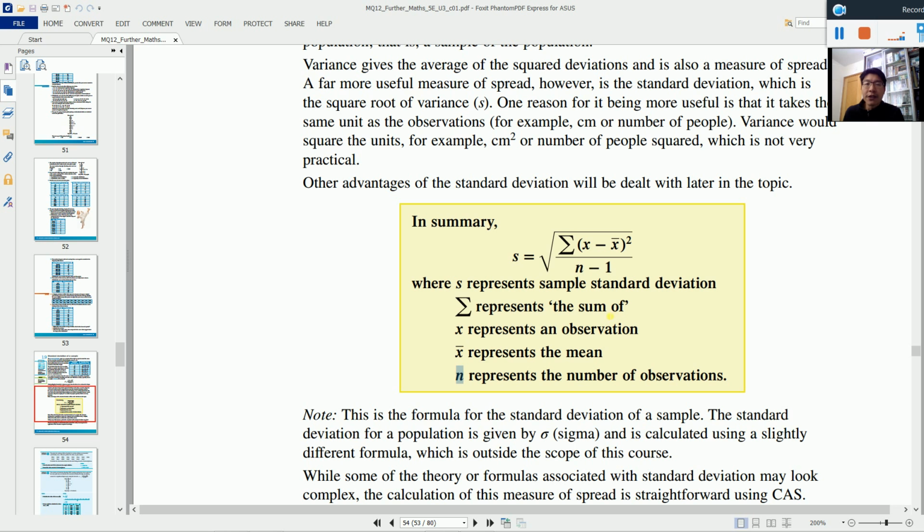So the number of observations I have before is 5, and it's funny that you don't just divide by 5, you divide by n minus 1. So the standard deviation is equal to the square root of the sum of all the entries minus the mean, squared, over n minus 1.